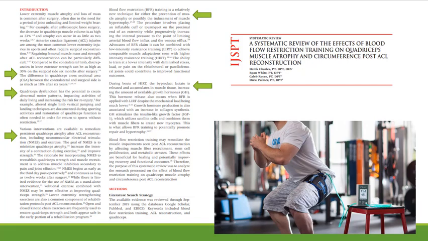You can read through it. What I've got arrows pointing to are components of each paragraph that move the story along. So, for example, at the end of the first paragraph, it's highlighting that people continue to have weakness and decreased cross-sectional area of the muscle many months after surgery.